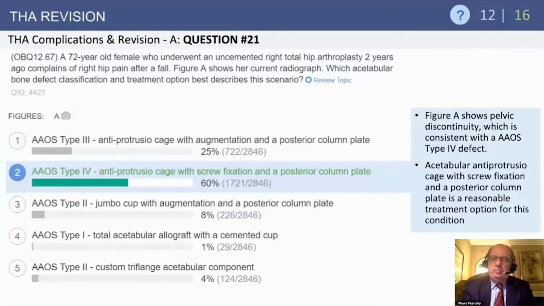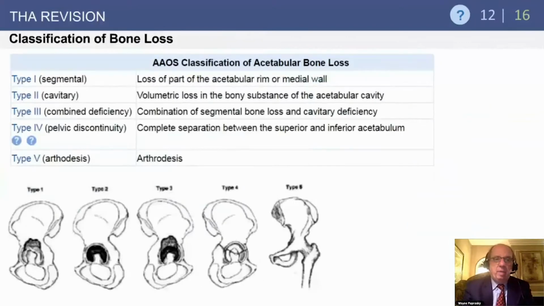One of the tried and true treatments in an acute fracture has been a posterior column plate, and some people are using porous coated components, but certainly anti-protrusio cages are still used quite a bit, although the pendulum is now shifting with the highly porous metals that are now available.